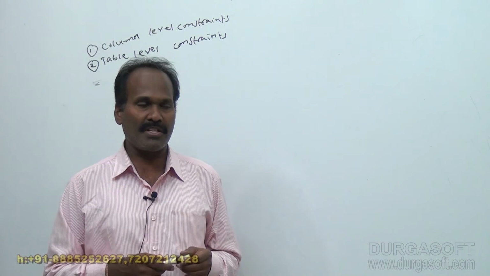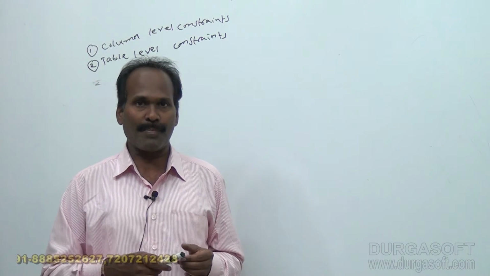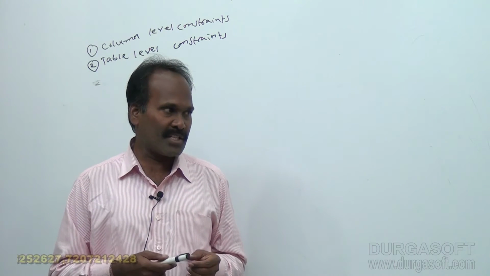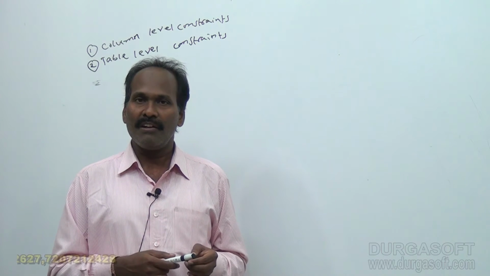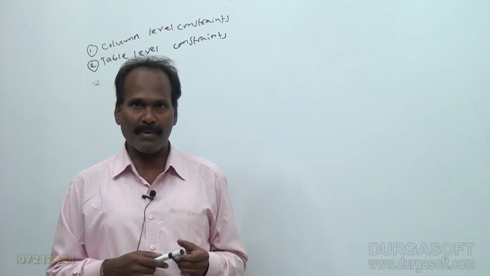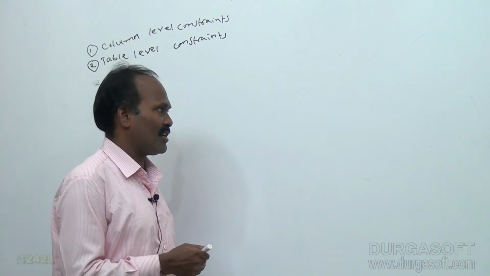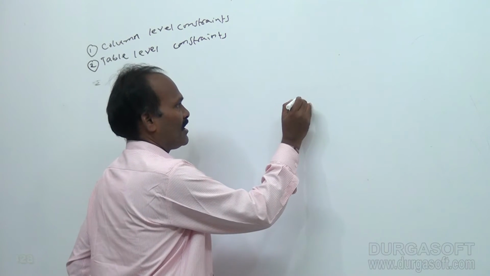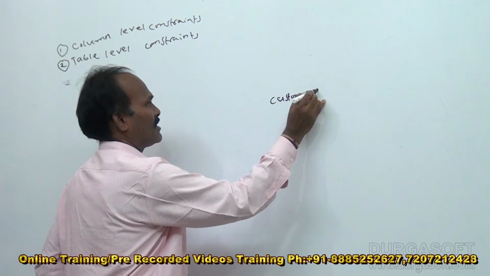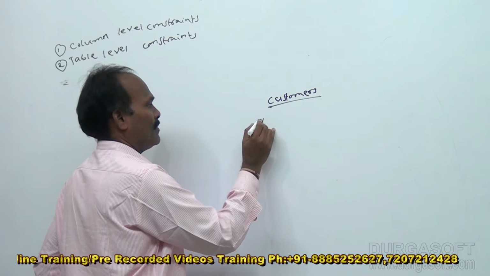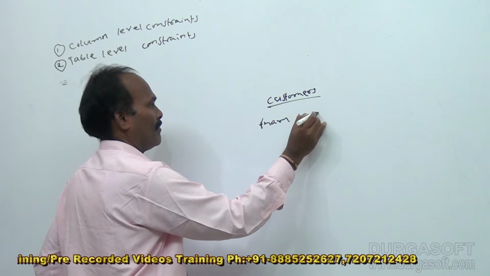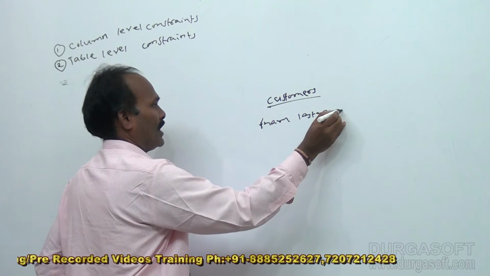In the last class I discussed the composite primary key. A composite primary key is a primary key which is a group of primary keys. In the last video session we discussed one example, the customer table, with first name, last name and country.